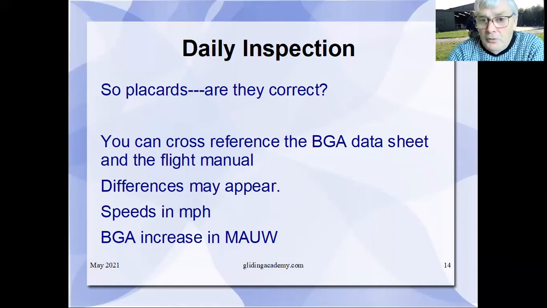And weights very often, so particularly the maximum all-up weight can be different on the placard from the manual, and this is because a number of years ago the British Gliding Association increased the maximum all-up weight of all gliders in the UK by 3%, and then the odd one out, the K13, was increased by 10%, and that's 106 pounds. It's quite a significant weight difference.